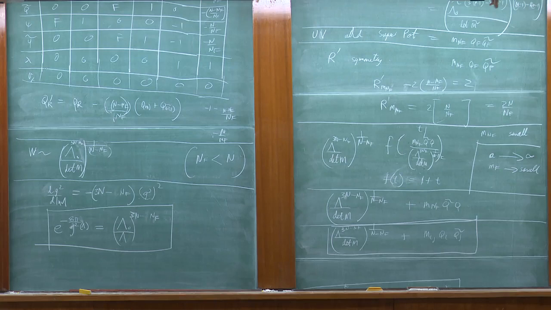M was Q tilde Q. Now, suppose NF is larger than N. Then M is an NF times NF matrix, but it's built out of Q tilde Qs, where Q tilde Q are contracted using color. This tells us that this matrix has at most rank N.